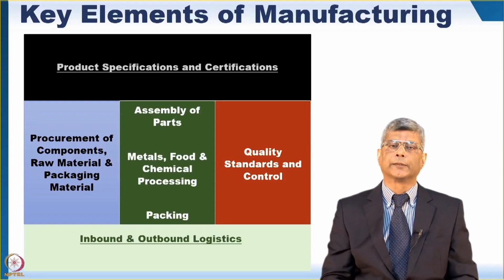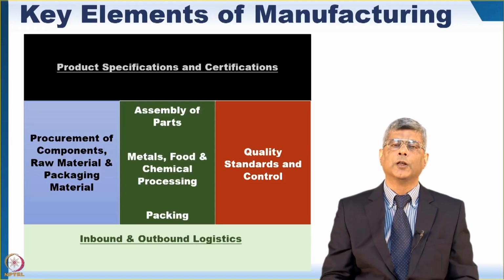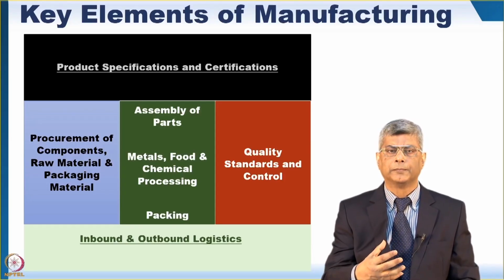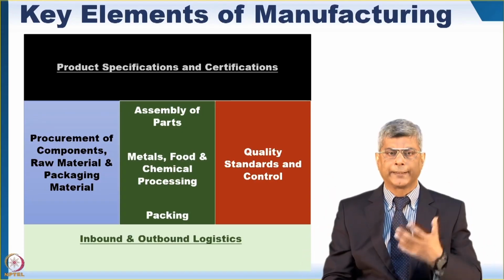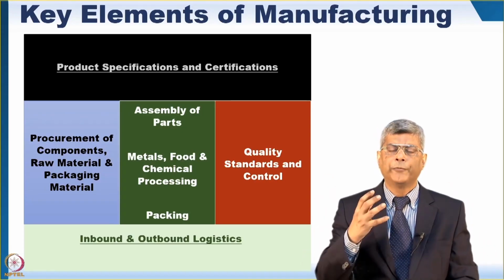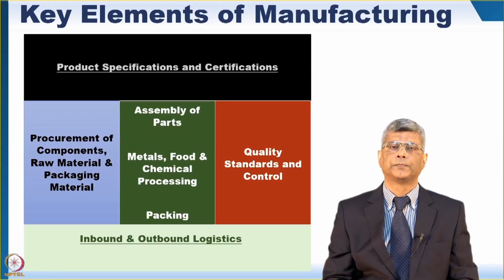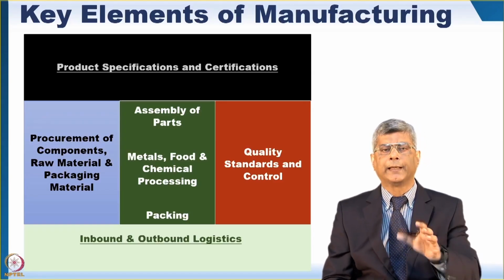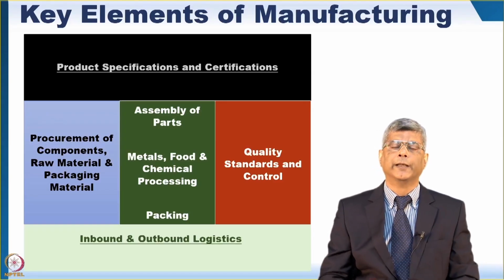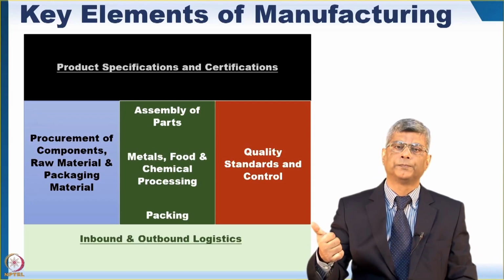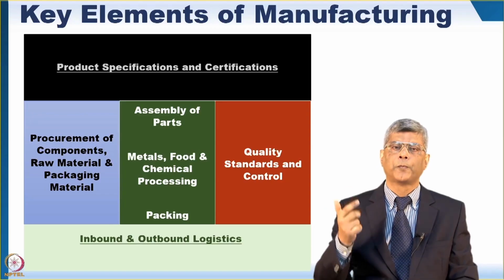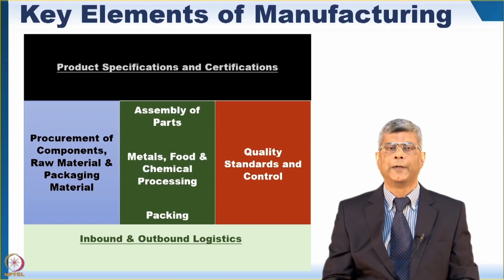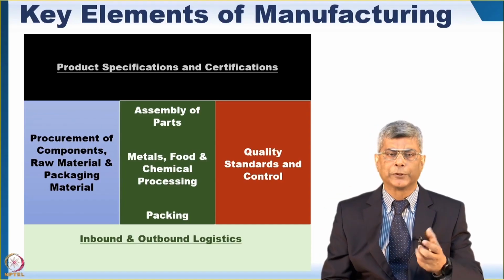Apart from the components, you may also require, depending on what your final product is, commodities. For example, if you're a chocolate company, the commodities that go into chocolate manufacturing are a lot of sugar, cocoa, which is cocoa powder, milk, and some flavorings and some fruits and nuts.